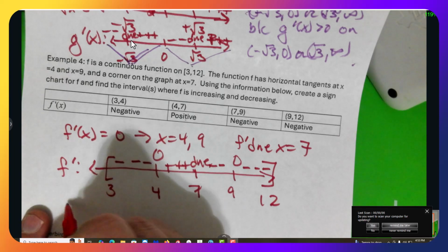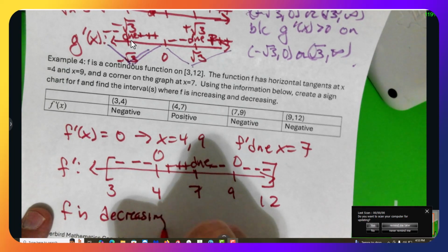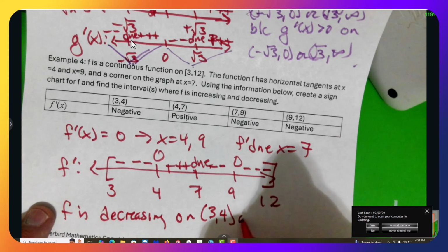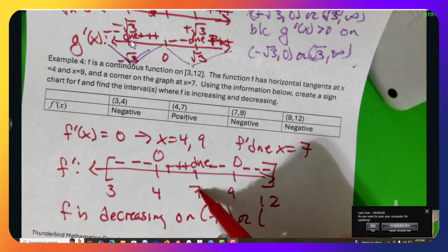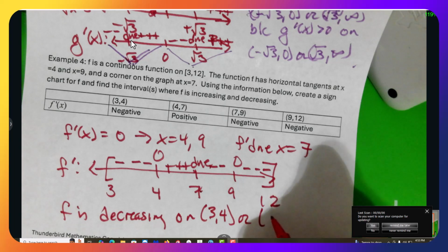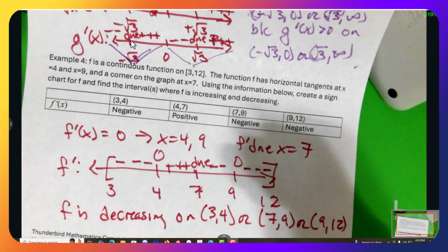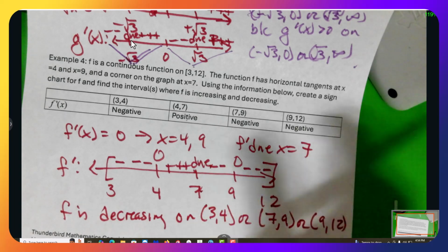Now, so f is decreasing on the first open interval, 3 to 4. Now look, it is true that f is decreasing on the whole open interval from 7 to 12, but I'm not going to do it that way, and I'm going to explain this right now. Because I'm going to use as my justification that the derivative of f is negative.